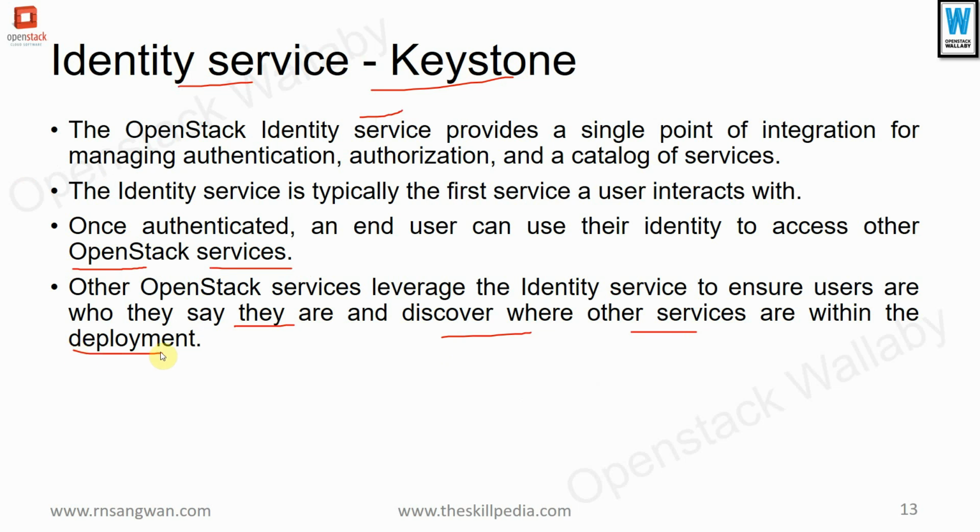Actually, that's what I was trying to explain with the help of the token, because the identity service creates a token for the user, and whatever request you send, whatever you do, you will carry your token. Your request will carry the token, and the other services will identify you with the help of the token only, because whatever request goes, the service will directly verify your identity through the token only.